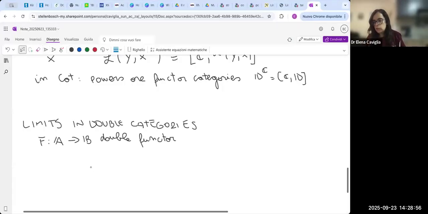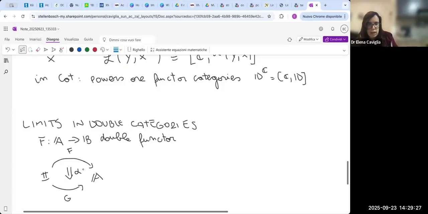And then we can introduce a notion of horizontal natural transformation. Of course, there is also a vertical version of it. Or if we don't want to use the name horizontal, we could call it an arrow natural transformation. So if we have two double functors F and G from I to A, a horizontal natural transformation alpha.